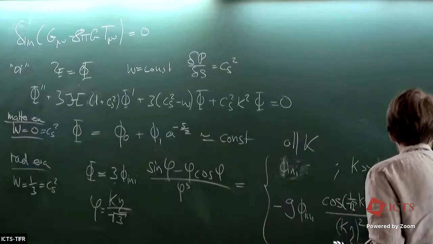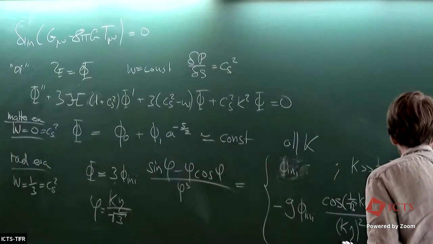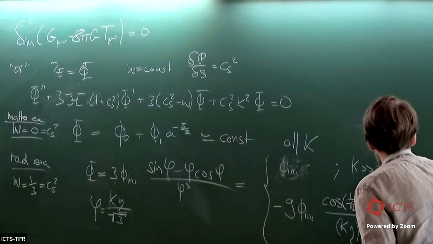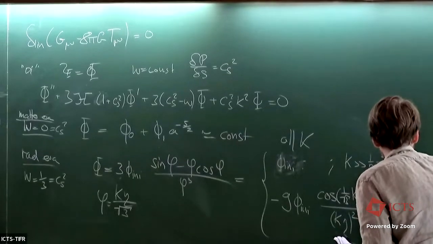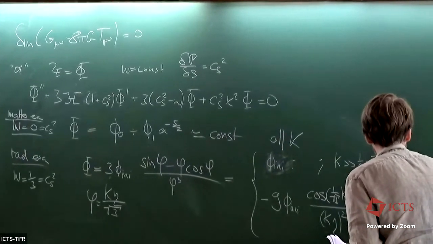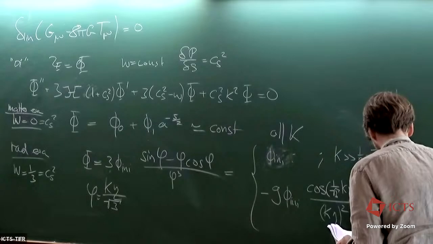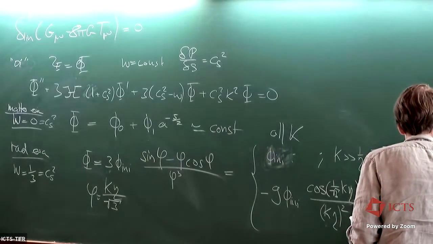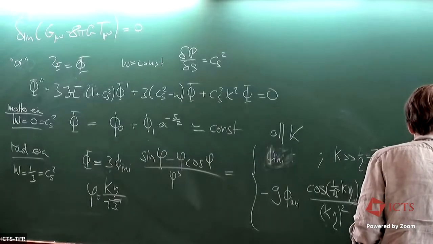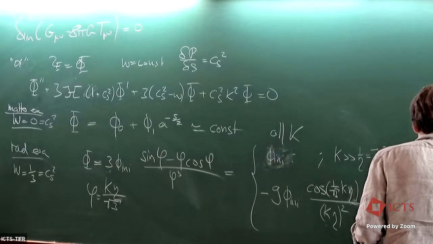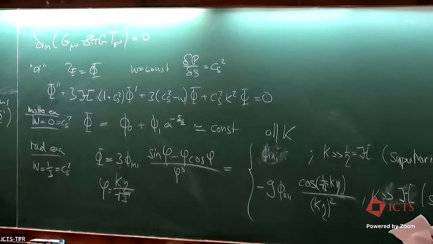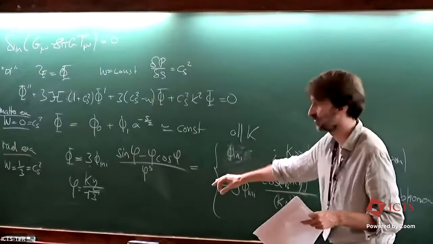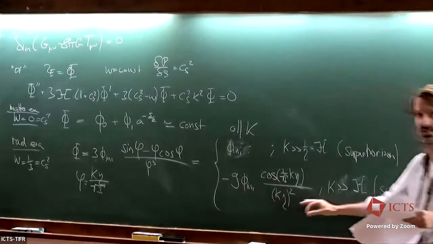And this is a subhorizon mode. The condition here is that k is much larger than the conformal Hubble parameter, and this would be a sub-horizon mode. So what you see is that during radiation domination, the gravitational potential decays on sub-horizon scales.